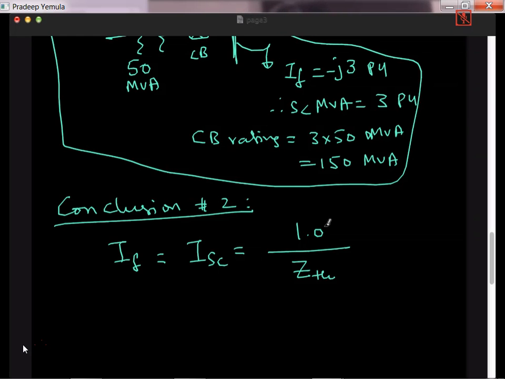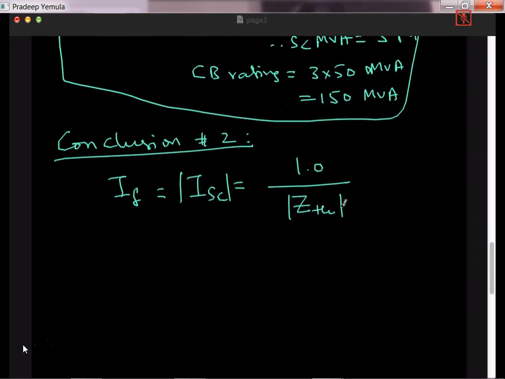Why is it like this? We are just assuming that the voltage is anyway rated voltage. Although it may be plus or minus 5% from 1 per unit, we are just taking it like this. Therefore, if this is in per unit and this is also in per unit, then the short circuit current is nothing but the reciprocal of Thevenin's impedance. So this is another conclusion.